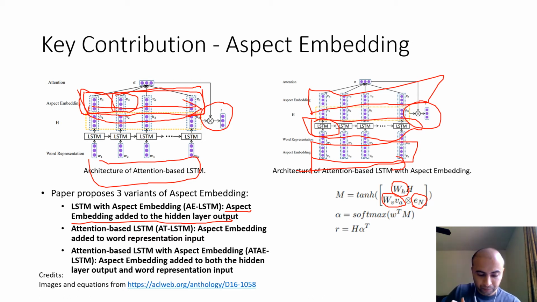The key additional learning that is happening here is that the network is learning these embeddings. Based on the training data, the network will learn how to process or how to weigh those aspects.